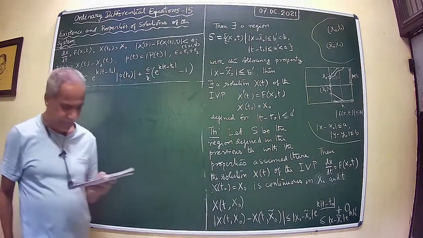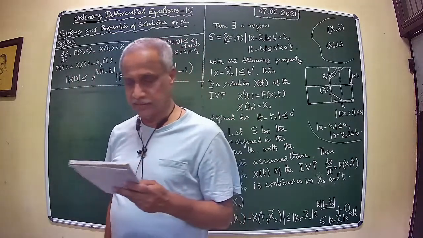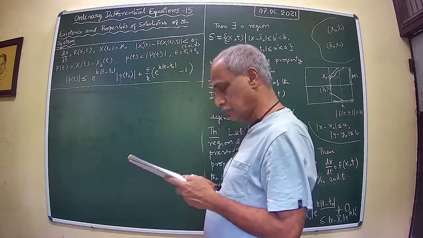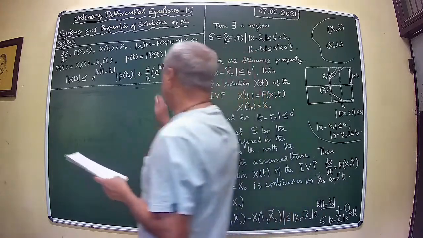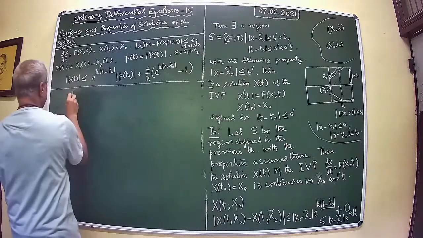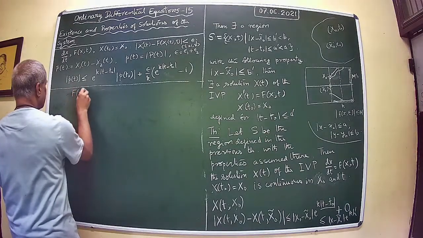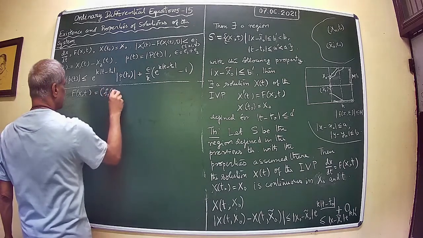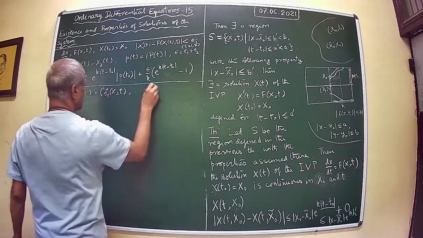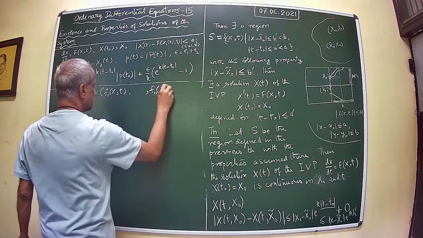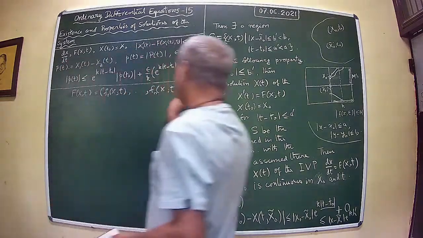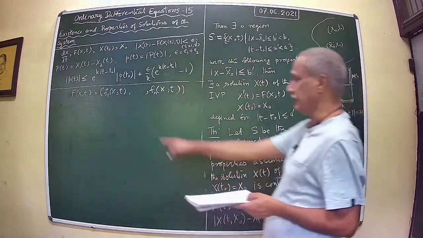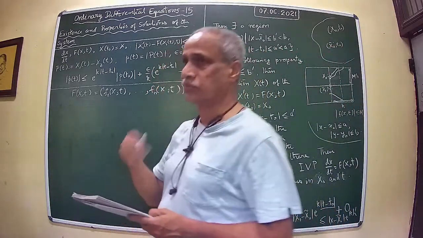Suppose we make the assumption that f is actually, where these are real valued functions of the variables x and t, x is actually x1, x2, etc., xn.